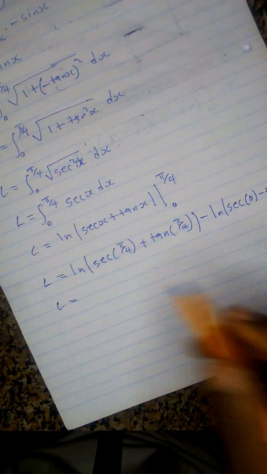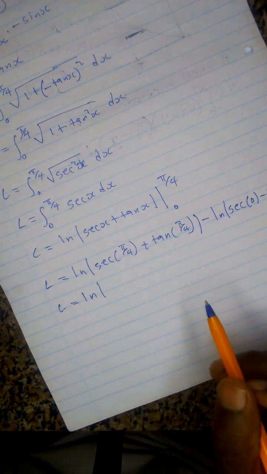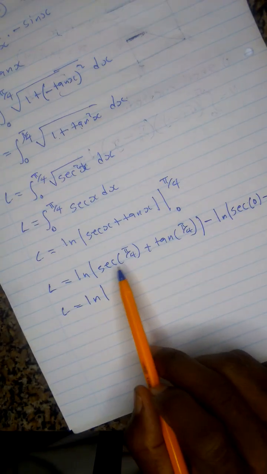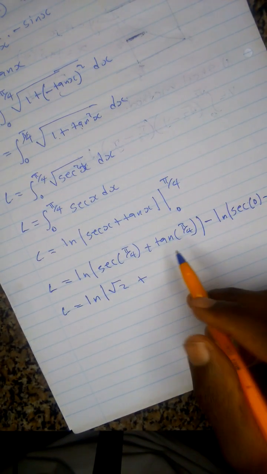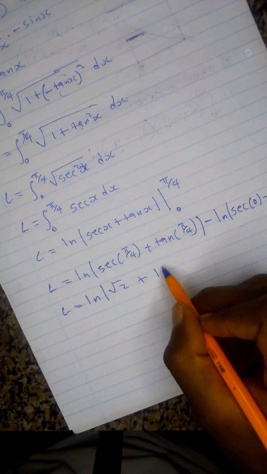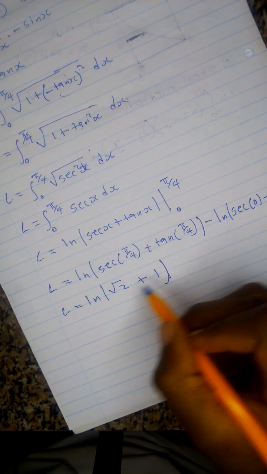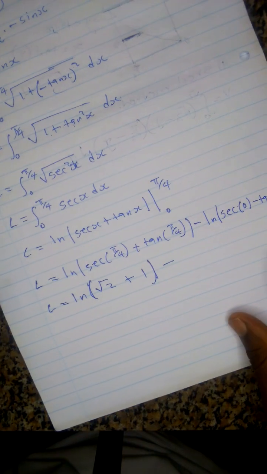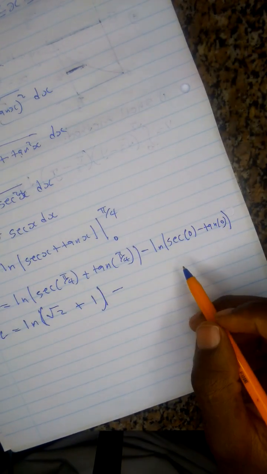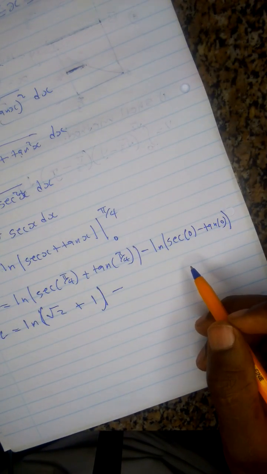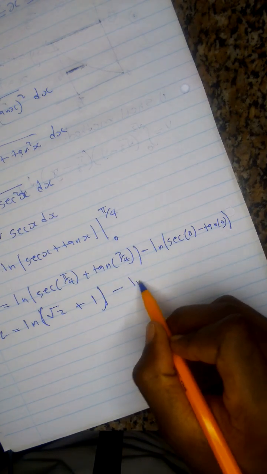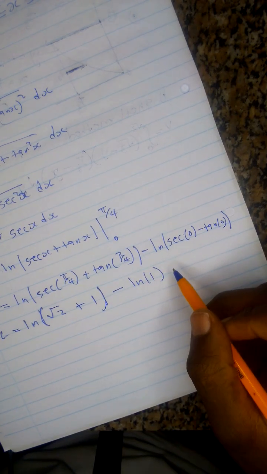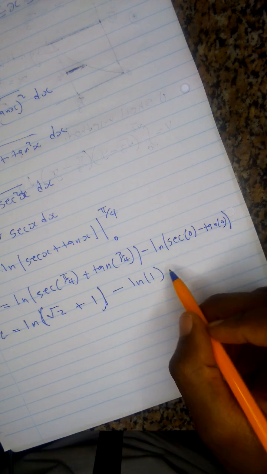Sec of pi by 4 is the square root of 2, and tan of pi by 4 is 1, obviously. These are not absolute values, by the way. Minus, sec of 0 is 1 over cos 0, so it is ln of 1, and tan of 0 is 0.